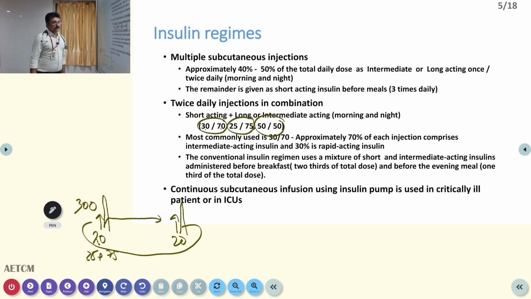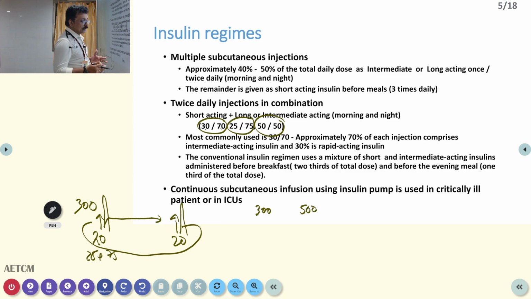Some patients take a large quantity of diet, large quantity of food. Suppose his postprandial blood sugars are always high, but after some time he develops hypoglycemia. In that type of patients, instead of 25/75, if you give 50/50 insulin, that means here his morning sugar is 300, for example, and postprandial is 500. That means after 2 hours, 500.